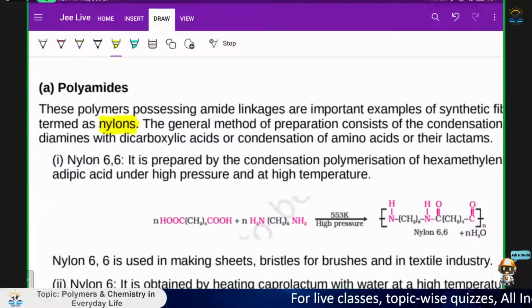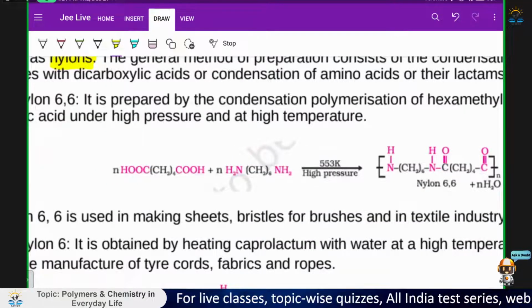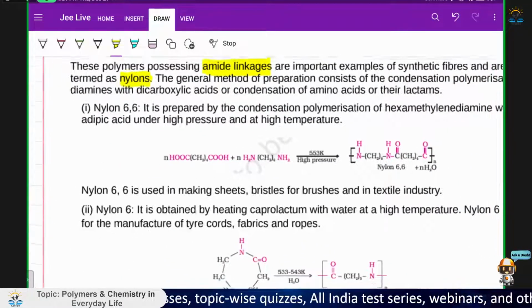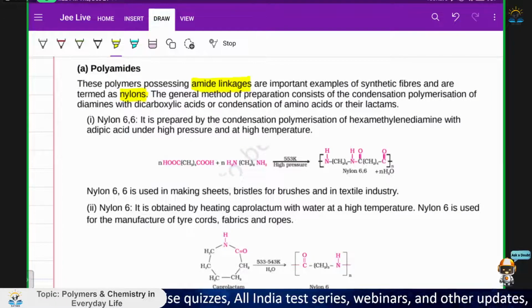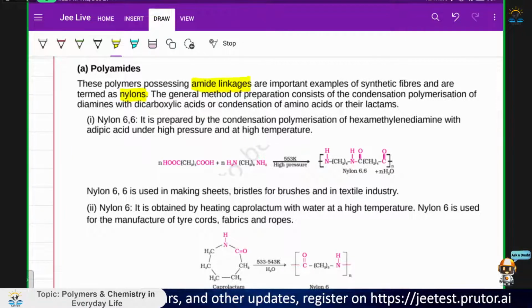How do we recognize the polymer? They will have an amide linkage. Here we have examples of nylon 66 and nylon 6. How is nylon 66 prepared? It is prepared by the condensation polymerization of hexamethylene diamine with adipic acid under high pressure and at high temperature.